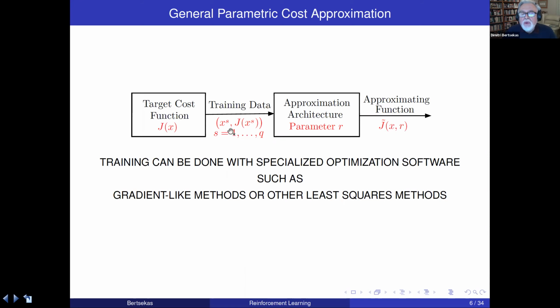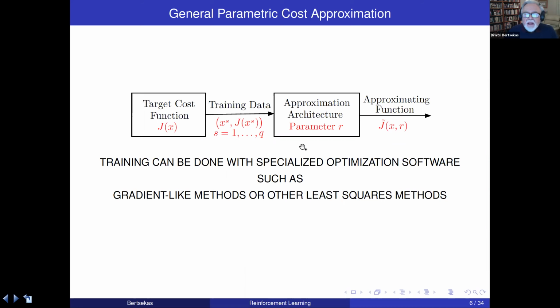In other words, if you compare the training data with what the approximating function tells you that the cost is, the error is small. Like, for example, the sum of the squares of the errors is minimized or almost minimized. So this is the training problem, finding r.